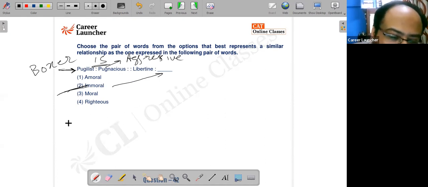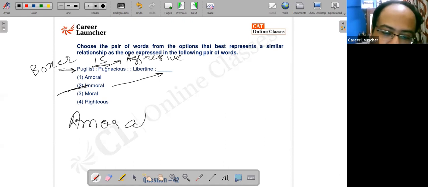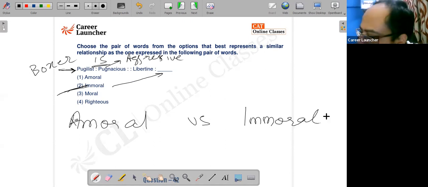Now, please make a note of a very important concept over here. Amoral versus immoral. I don't know whether I discussed this in the first class or not, when I was giving examples of confusing words, but just make a note of this. There is a difference between amoral and immoral.